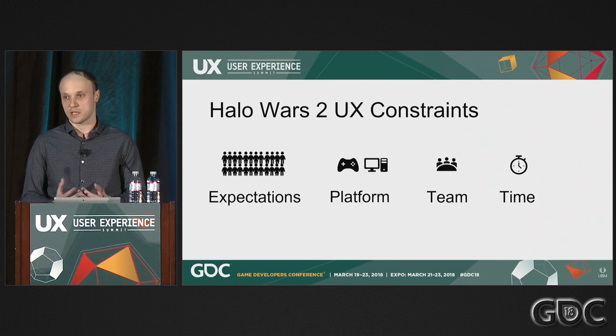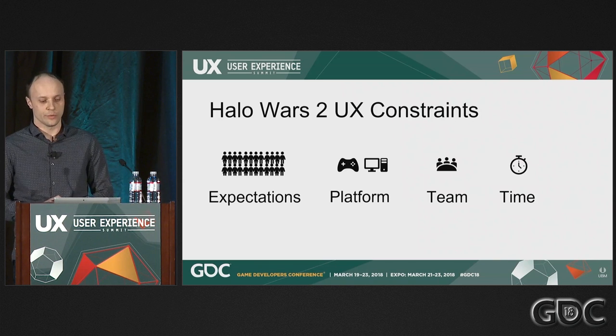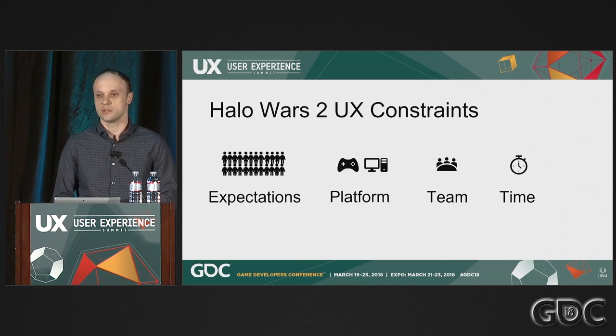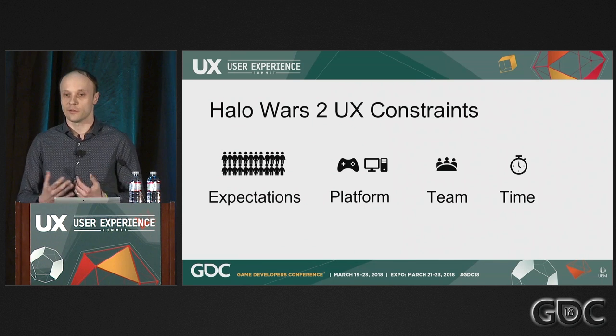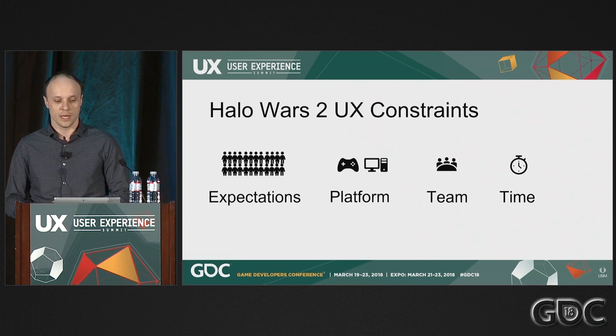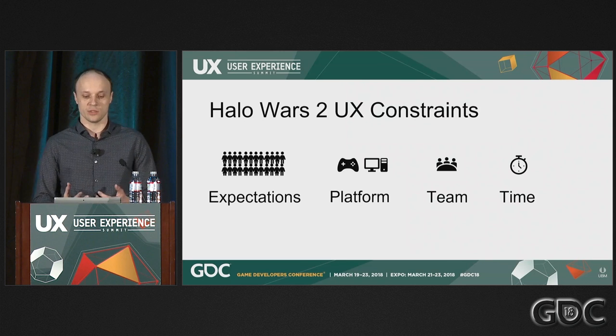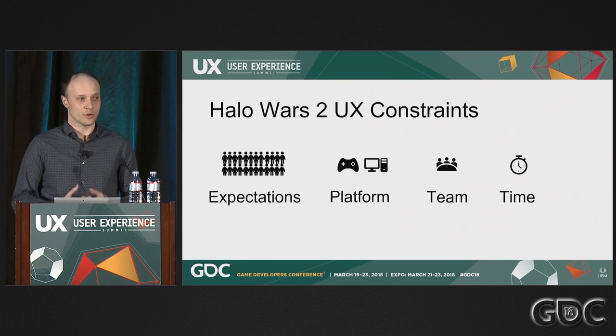The first one is expectations. 15 years of history for this franchise makes for a lot of passionate fans and a lot of features that have evolved over time, and we have to make sure that every game we build delivers on the expectations of those fans. There are also our own internal team expectations: how do we move the franchise forward? What do we bring that's new, that's exciting, that pushes the boundaries of modern UX design?